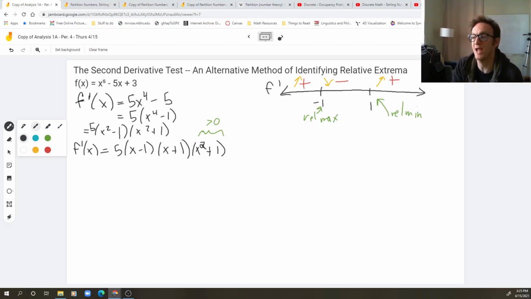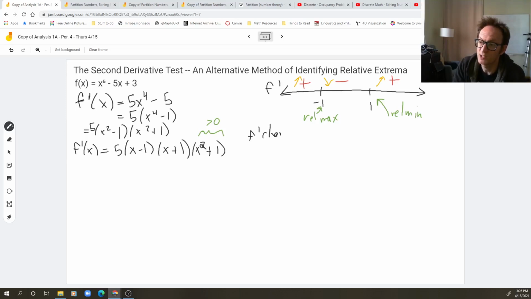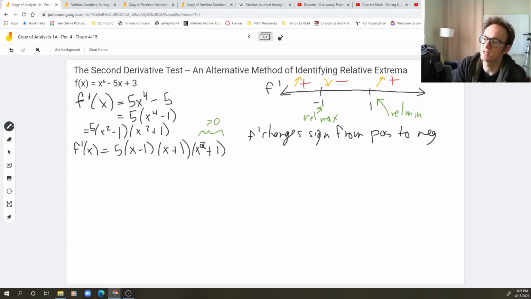Let's practice that right now for a minute. The sort of magic sentence, as I called it on Monday, goes something like this: f prime changes sign from positive to negative at x equals negative 1.